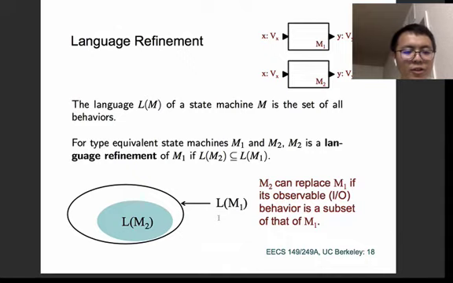So if I have a certain machine M1 and a machine M2 with different languages, but if every member of the language of M2 is a member of the language of M1, then M2 is the language refinement of M1. Which also means M2 can replace M1 if its observable behavior is a subset of the M1.